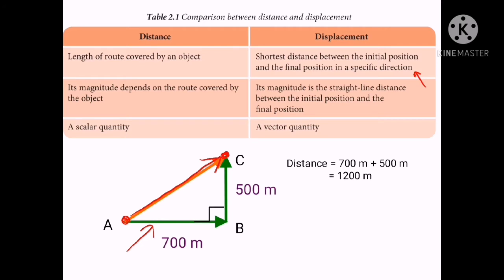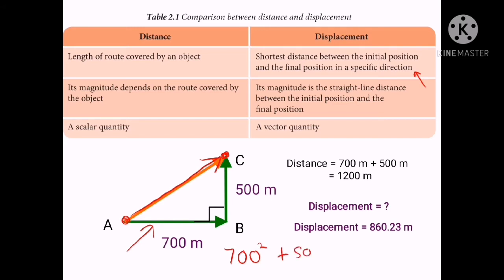How do we calculate that displacement? Simply using Pythagoras theorem. Which is 700 square plus 500 square, and then you square root it. That would be equal to your displacement, which is 860.2323 meter.